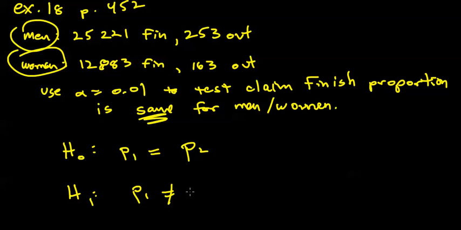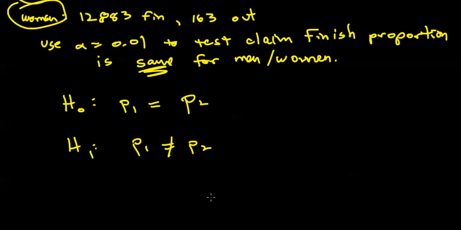It doesn't say which is more. We weren't asked to test the claim which is more. We are asked to test if they are the same. So this is going to be a two-tailed hypothesis test as implied in this hypothesis statement. Alright, we'll compute the p-value using our 2-PropZTest command.